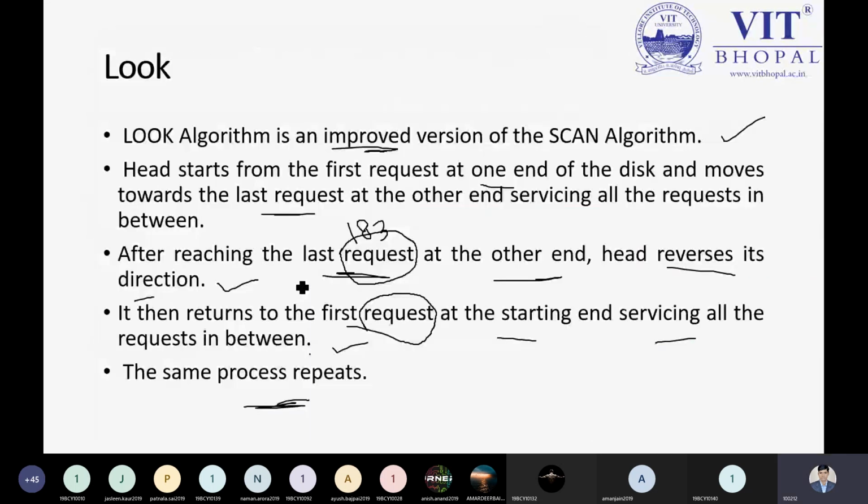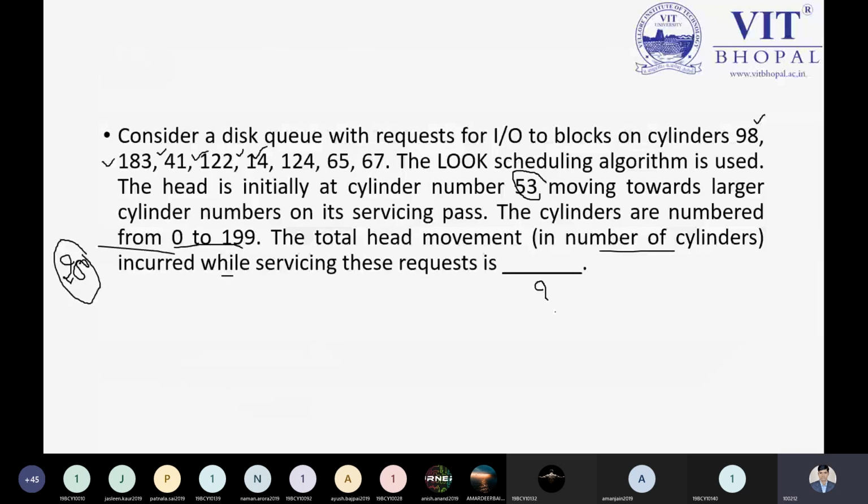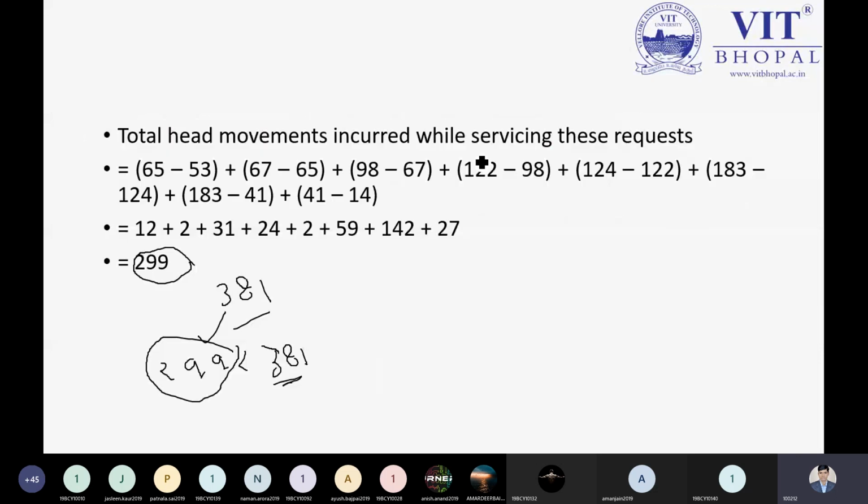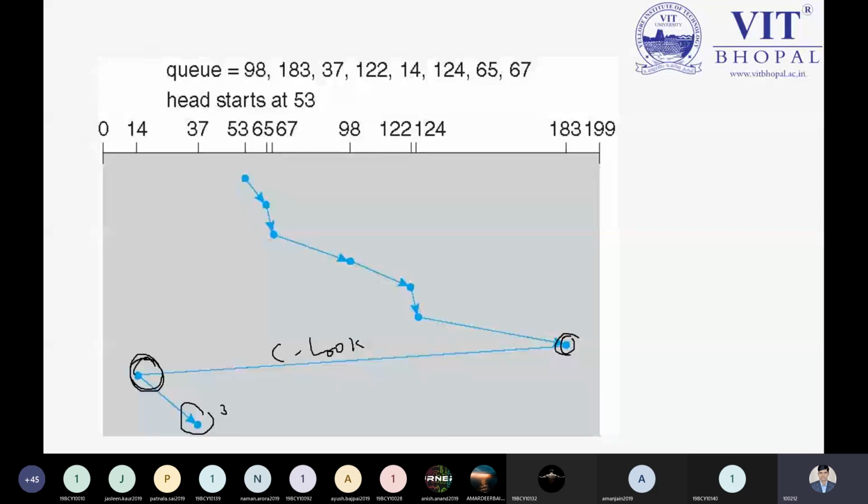Yes, students, please keep in mind, in LOOK we will not touch the first and last end. But in C-SCAN we will touch them. In C-LOOK as well, we will not touch the first and last end, but we will jump from the last request, the upper last request, 183, to the other end's first request, that is 14.